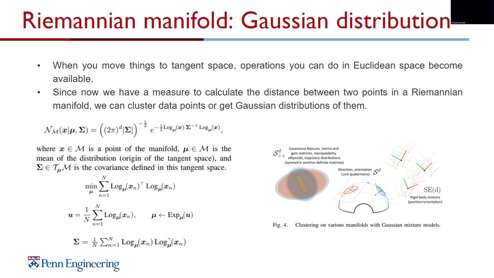So this is the Gaussian distribution on this Riemannian manifold. It's pretty much the same: you just move things to the tangent space at this mean, calculate the x, and then do the normal distribution calculation.